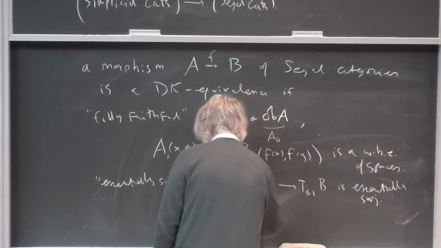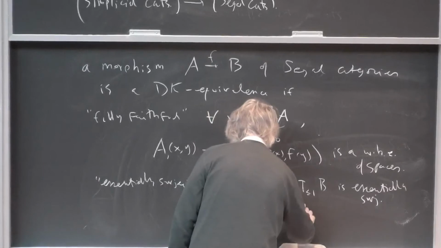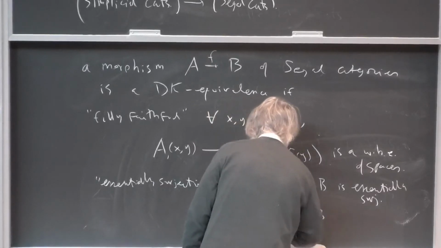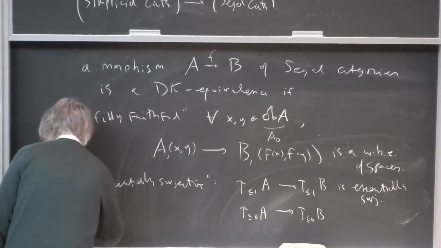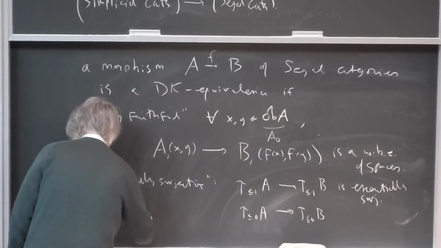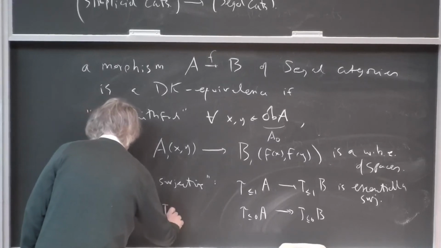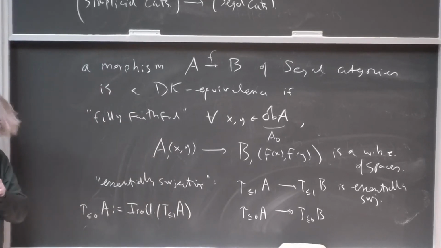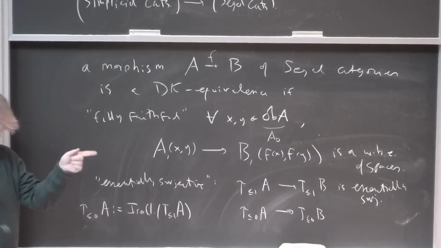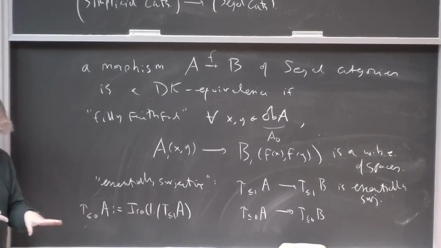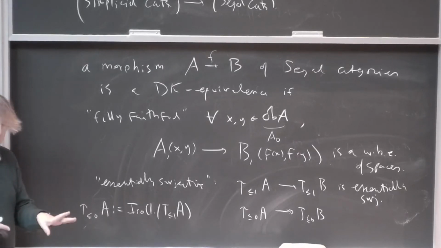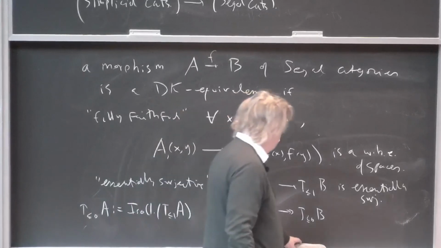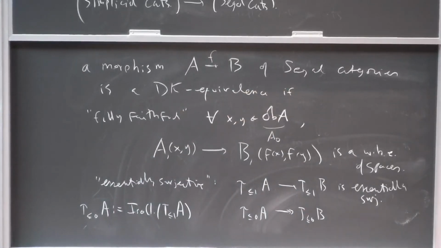Or we could also just say that tau less than or equal to 0 of A surjects onto tau less than or equal to 0 of B, where we define tau less than or equal to 0 of A as just the isoclasses of tau less than or equal to 1 of A. So the point here is that to decide whether a map is an equivalence in an infinity category, you just project it to the tau less than or equal to 1 category, and then decide whether it's an equivalence. Okay? And well, when you work out the theory, that comes out to be the same as saying invertible up to homotopy in some more complicated way. So that's an equivalence.